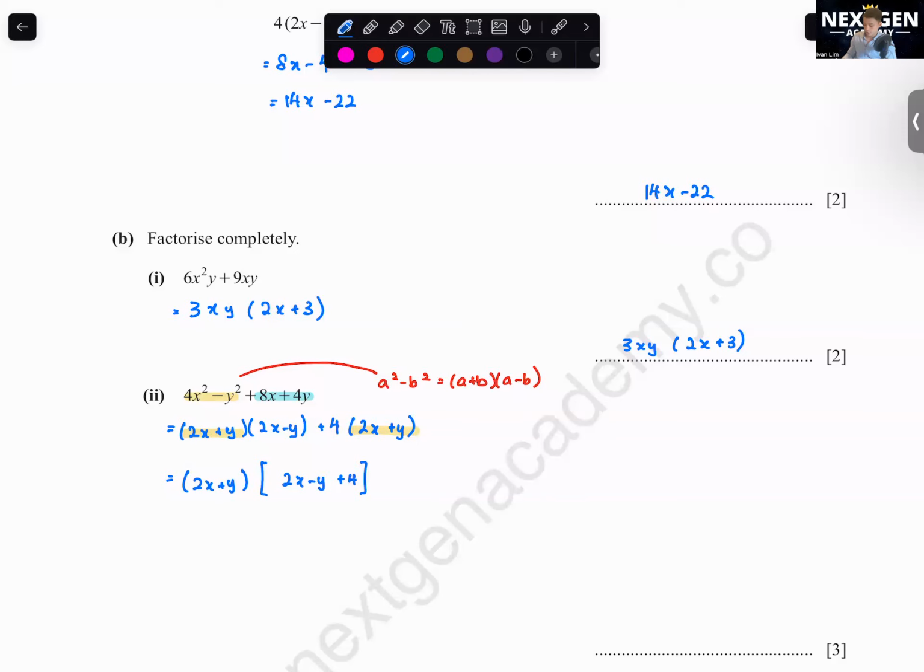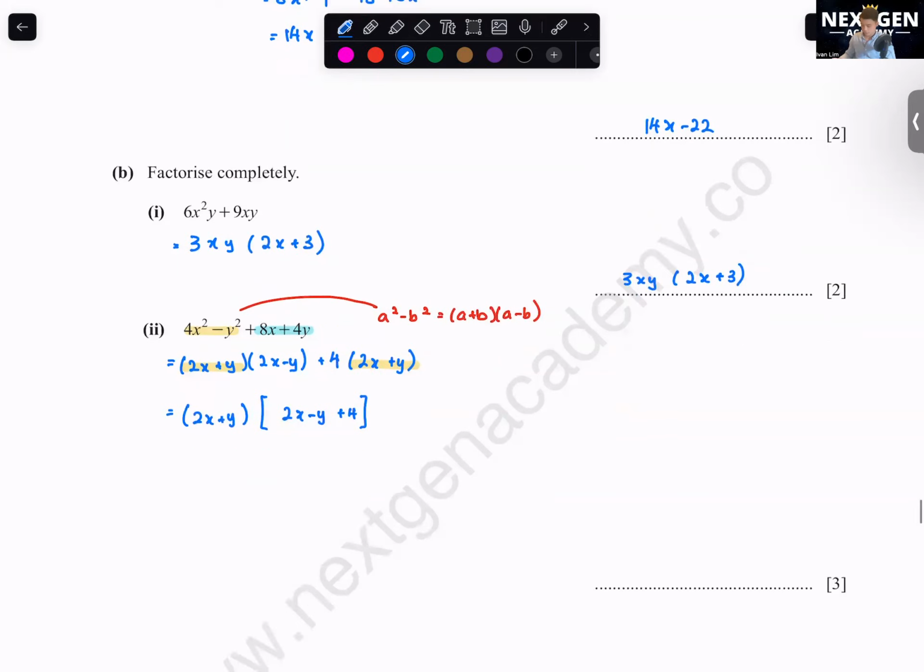Can I simplify it further? Cannot, right? This will be your final answer. 2x plus y. You don't need to put square brackets, just round brackets. 2x minus y plus 4.